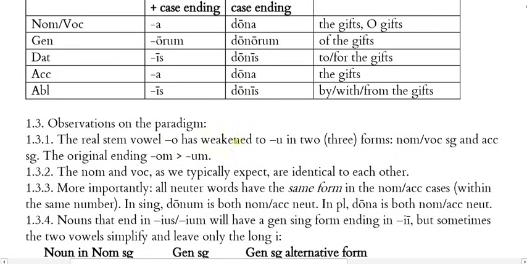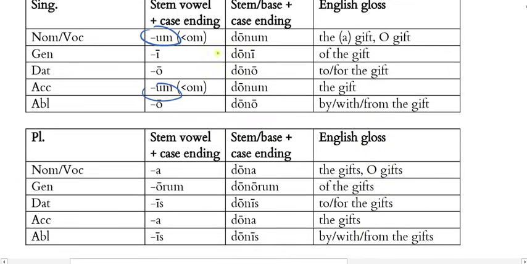Now, that's not unexpected, but what's important here for neuters is that all neuter words have the same form in the nominative and accusative cases within the same number. So the singular nominative and accusative forms will be the same, and the plural nominative and accusative forms will be the same. So if you take a look over here, we have the nominative and accusative forms both having -um, and so donum for nominative and donum for accusative singular.